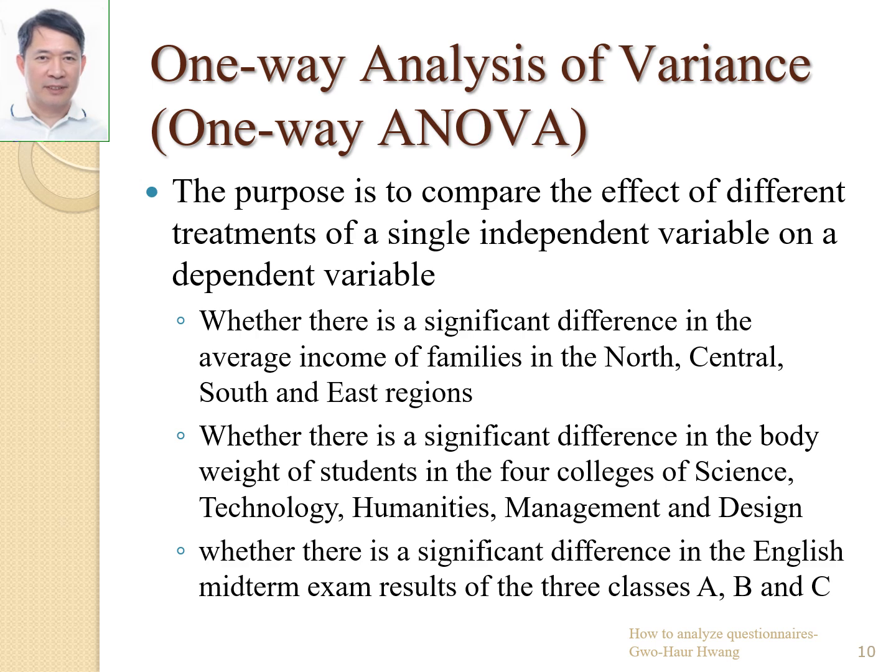Or whether there is a significant difference in the body weight of students from the 4 colleges of science and technology, humanities, management, and design in the university, or whether there is a significant difference in the midterm examination results in English of the A, B, C, and D classes. All these can be analyzed by using the one-way analysis of variance.